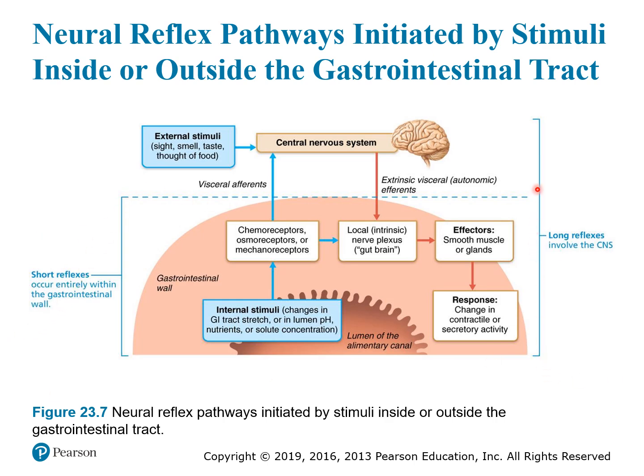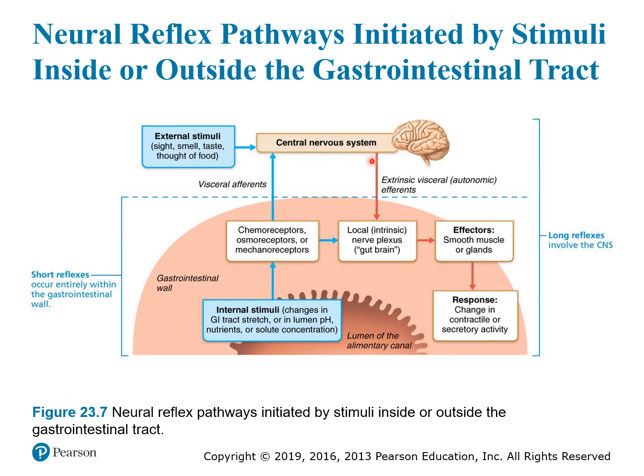Now let's look at the long reflexes. Long reflexes have internal stimuli, which can be the same changes in the stretch, the pH, the nutrients, or the solute concentration, and then also external stimuli. External stimuli are, for example, sight, smell, taste, and the thought of food. Many times when we smell something good, our glands salivate. So that is an external stimulus. Both of these stimuli, through the chemoreceptors and directly for external stimuli, stimulate the central nervous system.